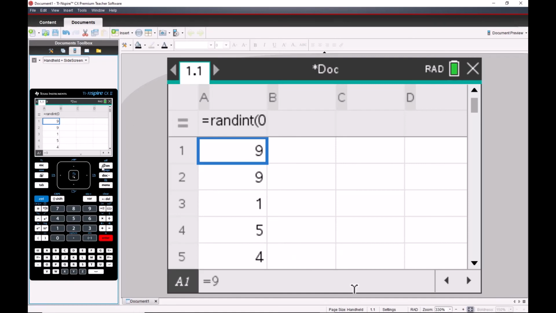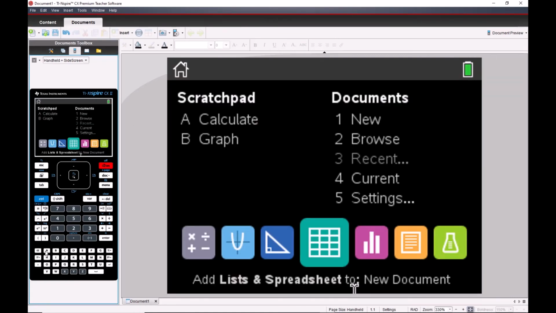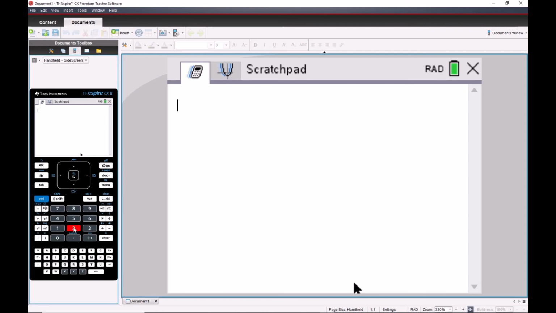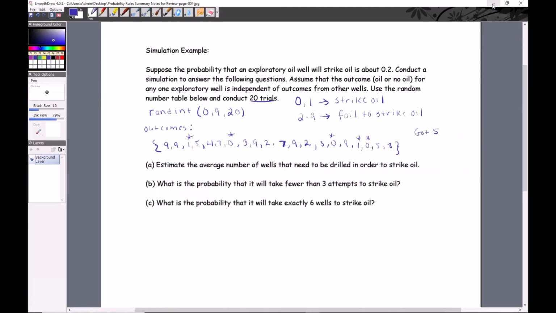We'll go to the home screen, open up a calculator page. 20 times 0.2, we would have expected 4. So this is 5 out of 20, so the probability that we simulated was 0.25.